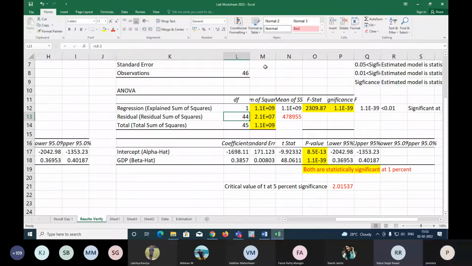Either you can see this probability. What does it mean? This essentially says what is the probability that I am rejecting an otherwise true hypothesis.